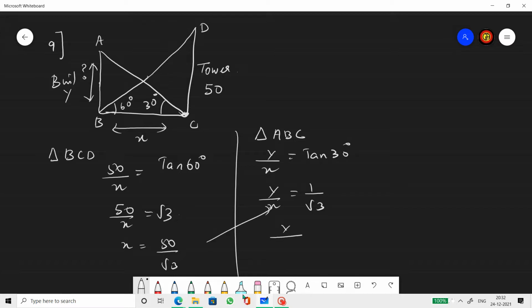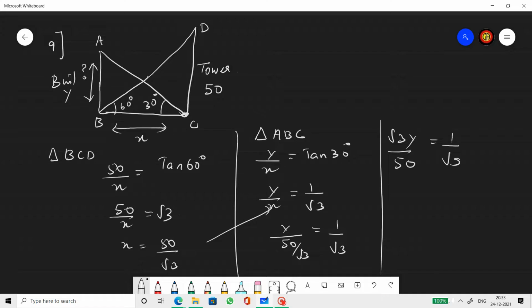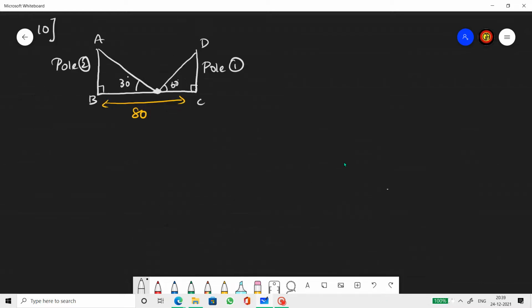So y by 50 by root 3 equals 1 by root 3. So root 3 y by 50 equals 1 by root 3. Cross multiplying, 3y equals 50. So y will be 50 by 3.